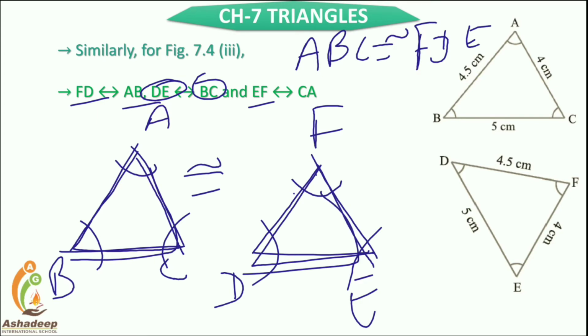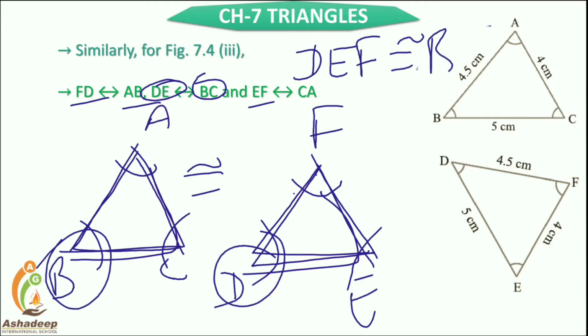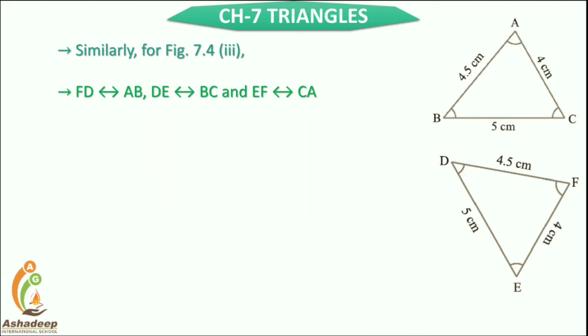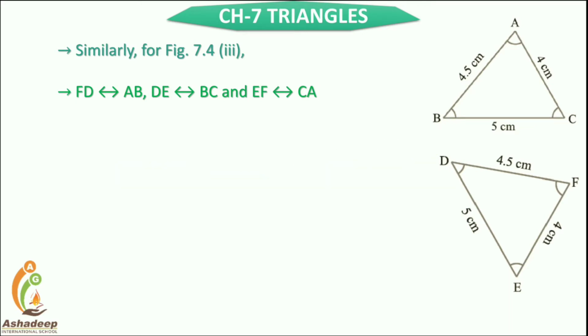D corresponds to angle B, E corresponds to angle C, and F corresponds to angle A. So you can write DEF is congruent to BCA, right? In that manner you can write. But if you write that ABC is congruent to DEF, that is going to be wrong. Okay?